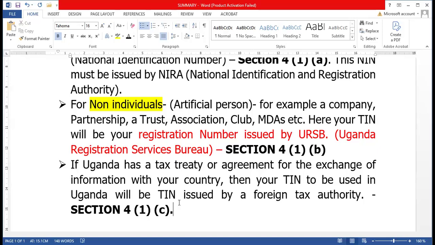If you are a foreigner and you want to transact in Uganda, and that transaction requires you to indicate a TIN, the TIN you're using in your country will not be accepted in Uganda.